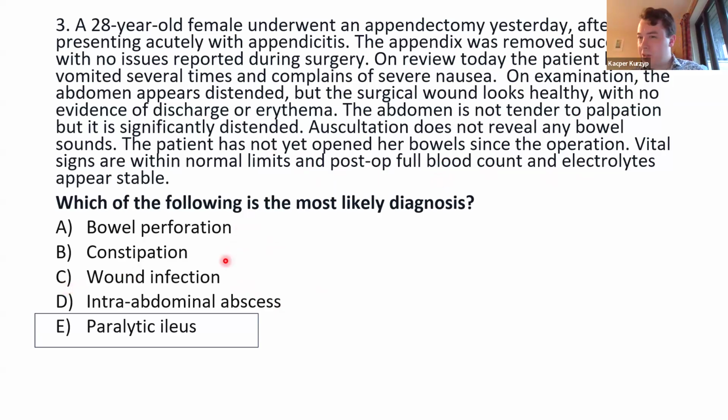Now, simple constipation wouldn't cause you to start vomiting just after a day or two, but it is very consistent, given her history of recent surgery, with paralytic ileus, a small bowel going on strike, resulting in, shall we call it, pseudo-obstruction or functional or non-mechanical obstruction of the small bowel. So that is correct.